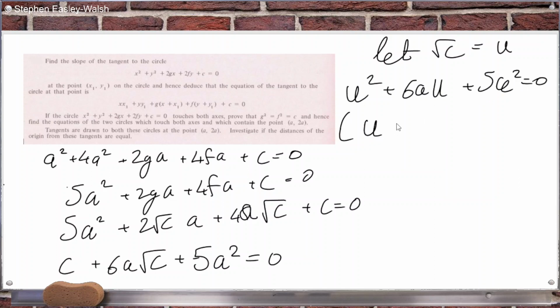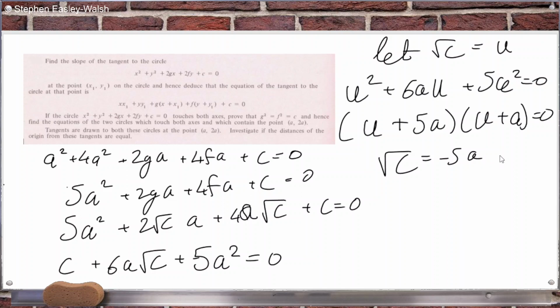So that's going to be u plus 5a and u plus a equals 0, because that'll make u squared, 5a, 1a, 6a. So u, which is root c, equals minus 5a or minus a.